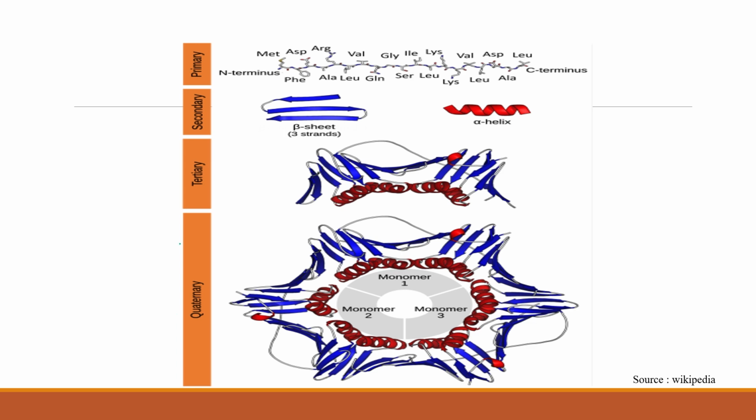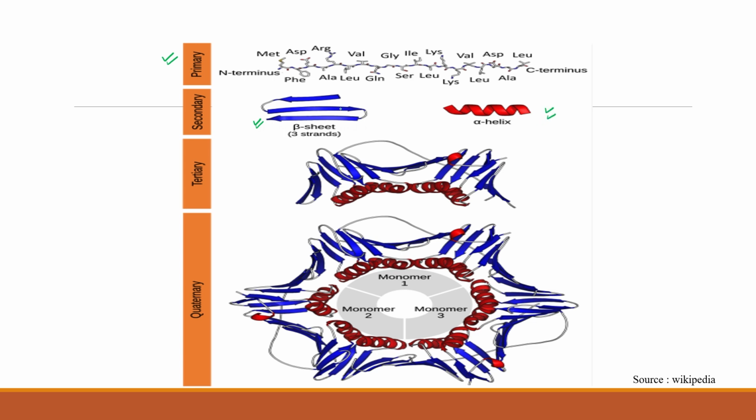Now you can compare all types of structures by seeing this diagram. Just the alignment of amino acids in a polypeptide chain, methionine, phenylalanine, asparagine, alanine, valine, leucine, glycine and so on, is known as primary structure. In secondary, it folds into different orientations like beta sheet or alpha helix. This is known as secondary structure.